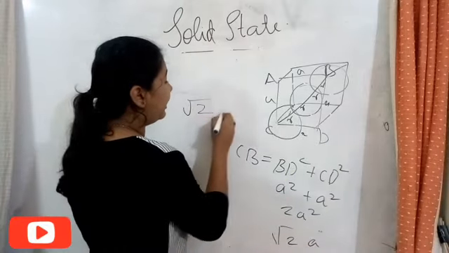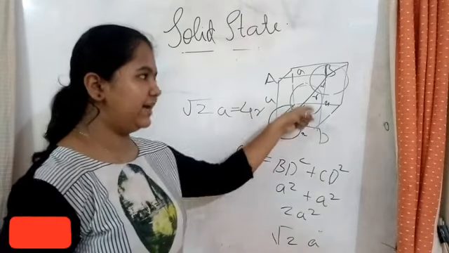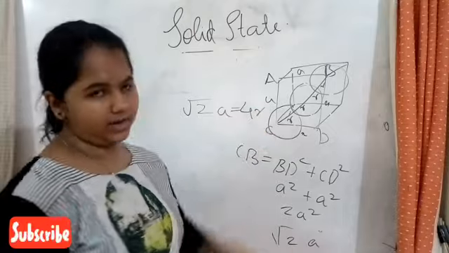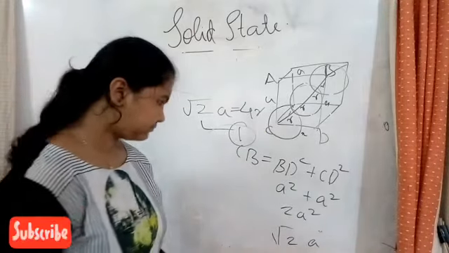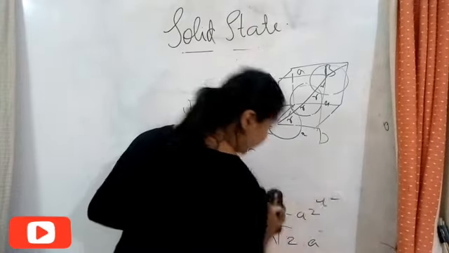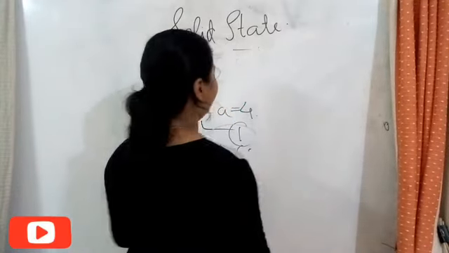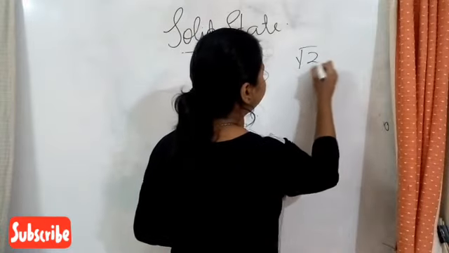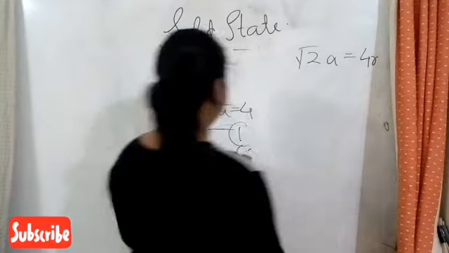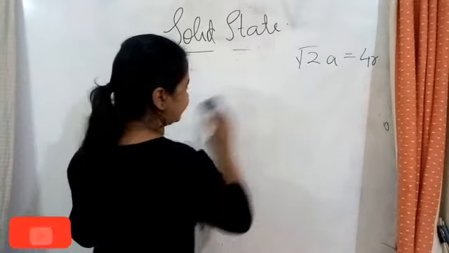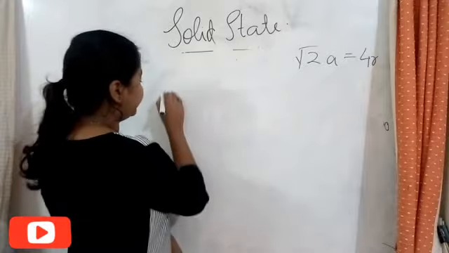Root 2 A is equal to 4R, that is R plus R plus R plus R. This is the first equation, so we'll write this equation alone over here. We know root 2 A is equal to 4R.